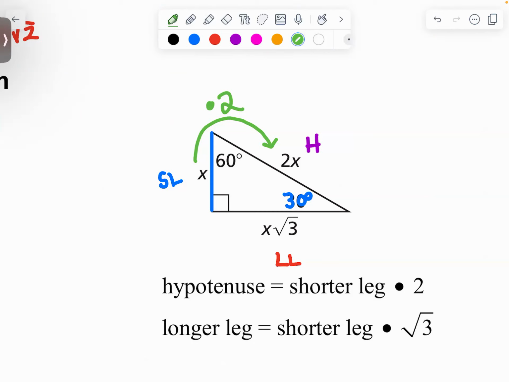So this arrow is going from short leg to hypotenuse. If we go the other way, we'd have to divide. Okay. To go from short leg to long leg, we are multiplying by radical 3. Okay. Short leg to long leg, we would multiply by radical 3, which means if we're going to go backwards from long leg to short leg, then we would have to use division. Okay.